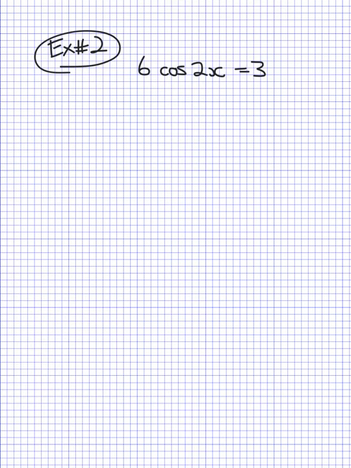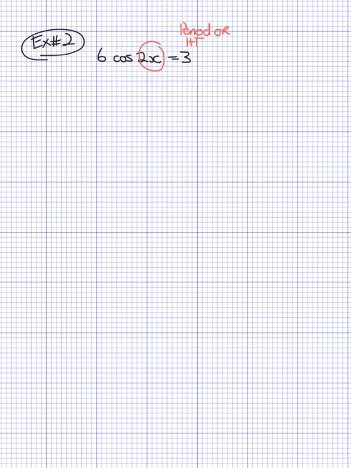Alright, another example, slightly different because we've got a period here. When I've got a value in front of my x or a horizontal translation, if I've ever got a period or a horizontal translation, I'm just going to call it x. I'm going to replace it and write out here, let big X equal 2x.